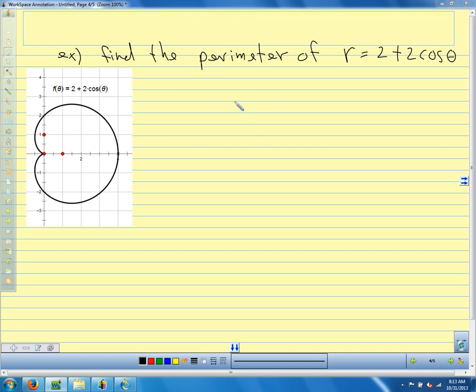So here is r. That's part of what goes into our integrand, and we need r prime. So dr d theta, r prime is just going to be minus 2 sine theta. And r prime squared is 4 sine squared theta.